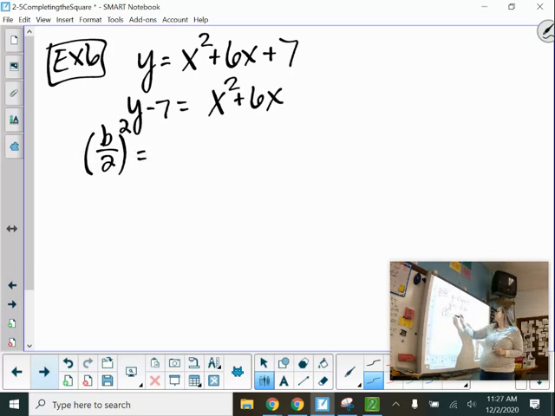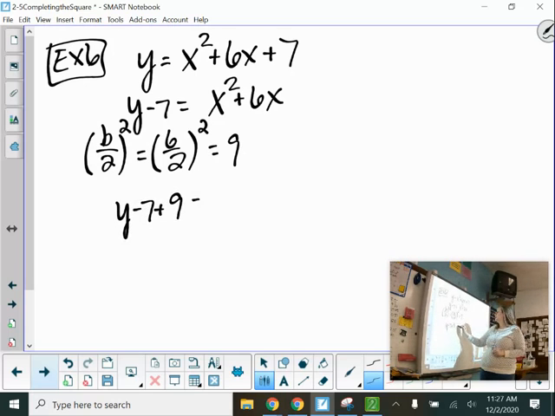Do my b over 2 squared. B is 6. 6 over 2 is 3. 3 squared is 9. Because I did not factor out, I can just go ahead and add that to both sides of my equation. So this gives me a y plus 2.